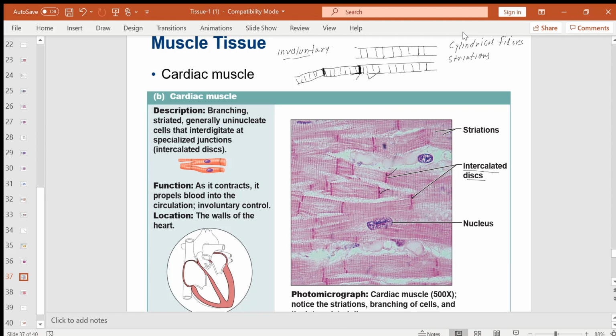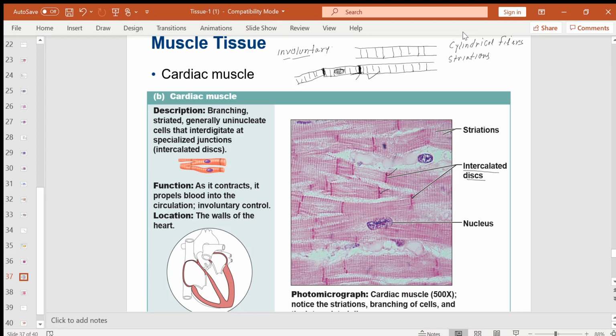Okay, and another thing is that in case of cardiac muscle fiber, usually we see a single nucleus. In a skeletal, you remember multiple nuclei. In case of cardiac, usually single, sometimes we see two, but not more than that.